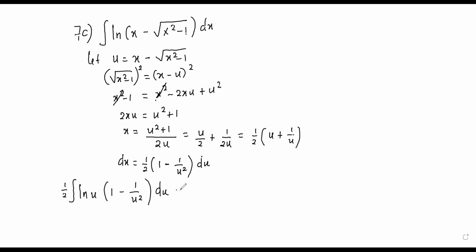Then we expand it. This becomes half ln u du minus half integral of ln u over u squared du.